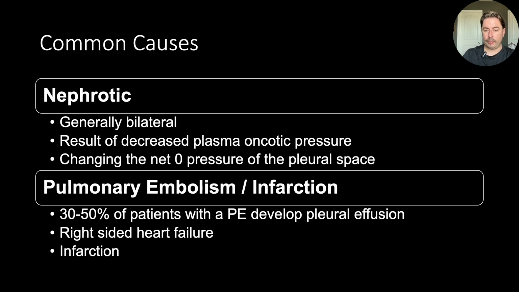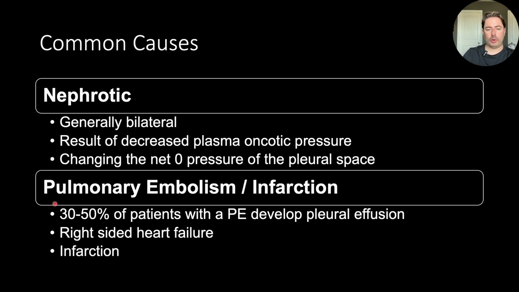So if your oncotic pressure drops, then the hydrostatic pressure will become greater than the oncotic pressure. And when your hydrostatic is high, the fluid will escape. So you change the net pressure of the pleural space by dropping the oncotic pressure, and you get fluid that rushes into the pleural space. Typically, we see this in both lungs when it's nephrotic in nature.